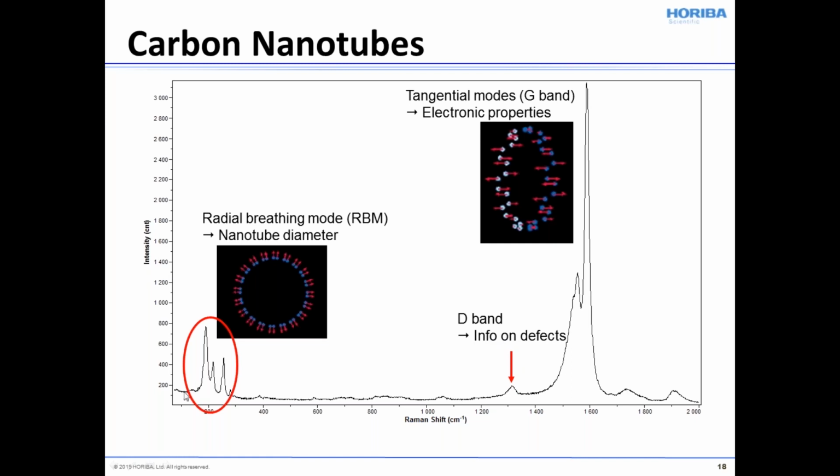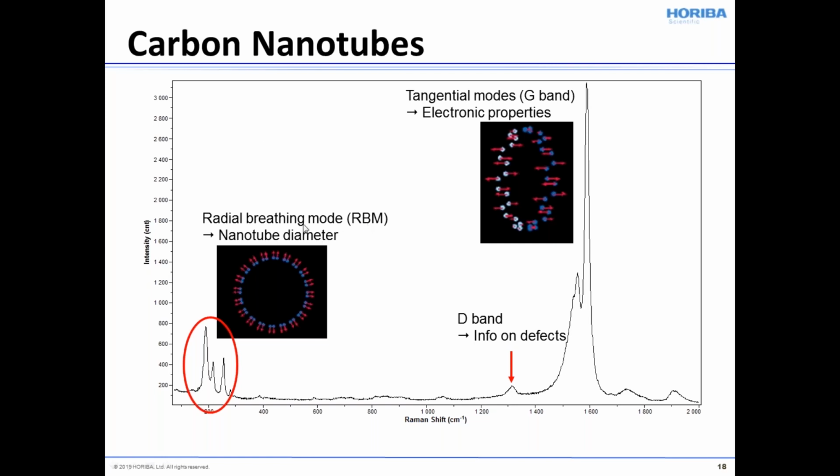And the low frequency region allows you to determine the diameters of these nanotubes as well. So by using Raman spectroscopy with access to the full spectrum, there's a lot that you can do to characterize nanotubes and the variation that you might find depending on how they're fabricated to produce different electronic properties, as well as the diameters of them.